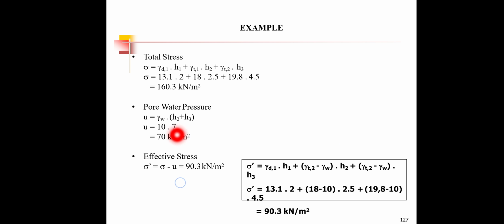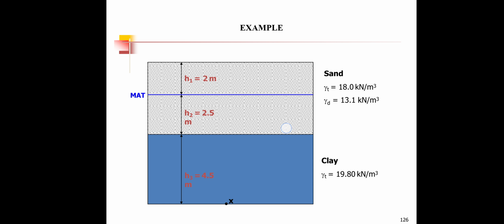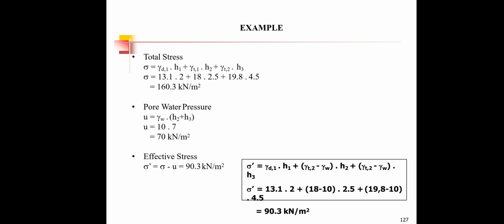The unit weight of water is 10, and H1 plus H2, no, it is H2 plus H3. If we calculate H2 plus H3, 2.5 plus 4.5, which is 7. If we multiply 10 with 7, we arrive at 70 kilonewton per square meter.